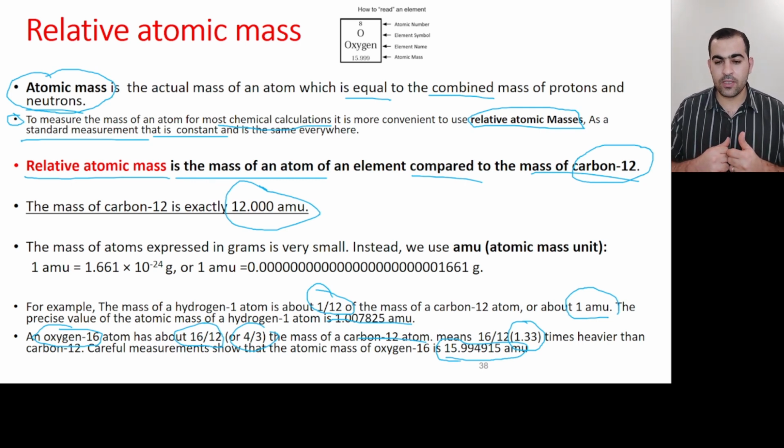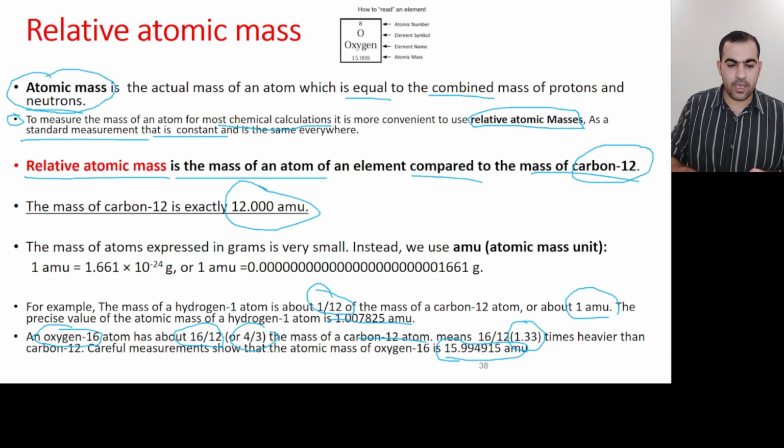Relative atomic mass of what? Of oxygen-16 equals 15.99 AMU. What is AMU? AMU is atomic mass unit.